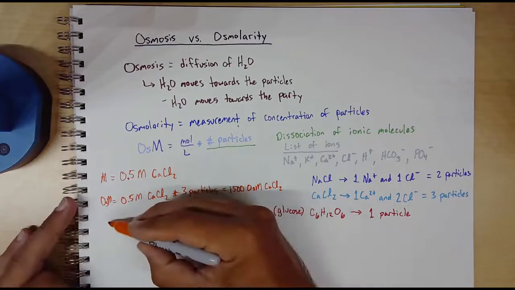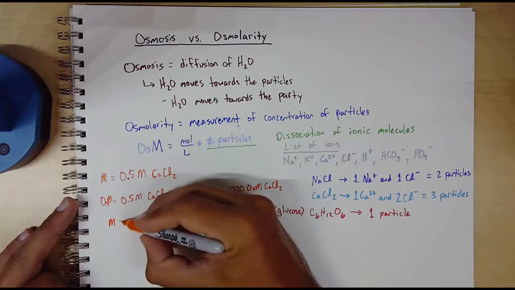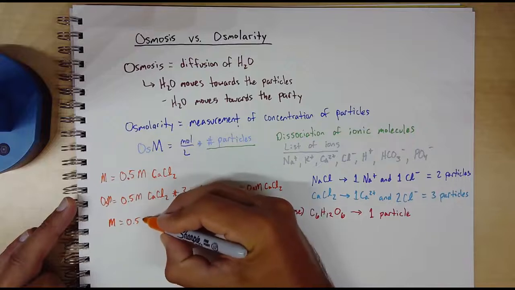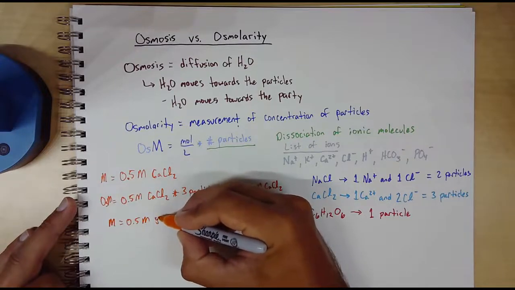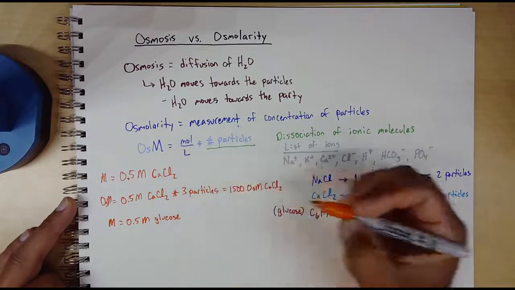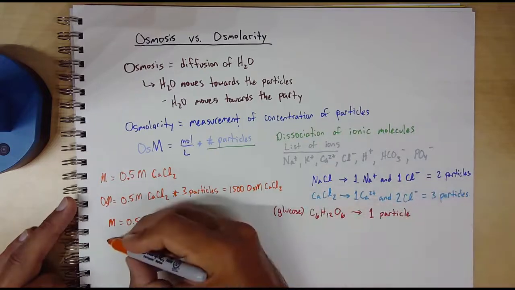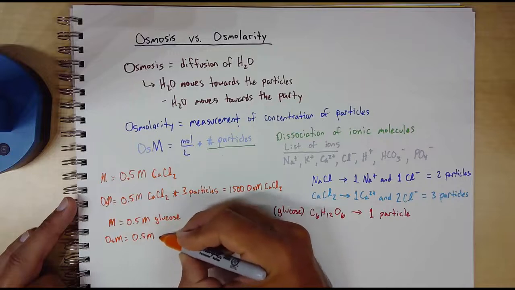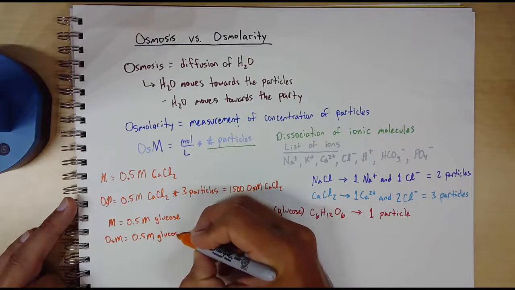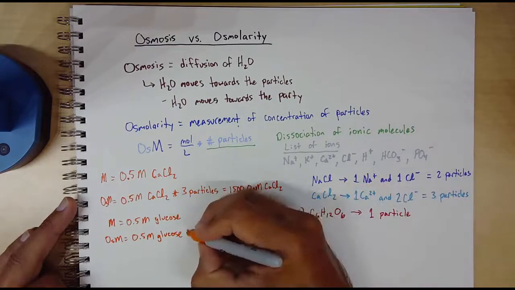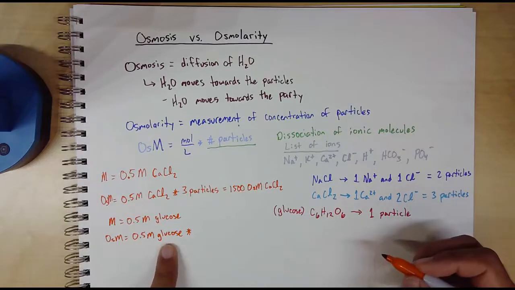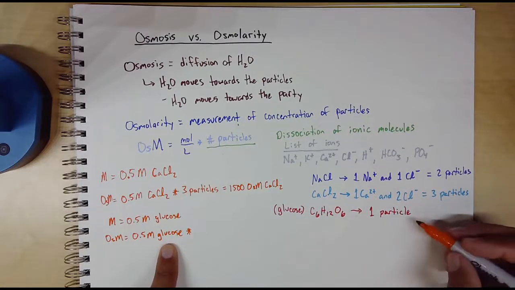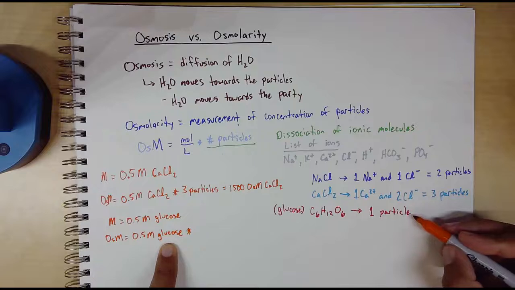What if we started with a molarity of 0.5 molar glucose? Well, now if we want to do osmolarity, we're going to take that 0.5 molar glucose and we have to multiply it by the number of particles if I put glucose in water. Well, how many particles is glucose going to get ripped into?